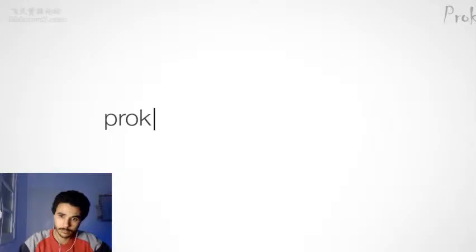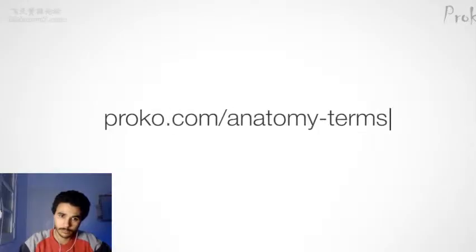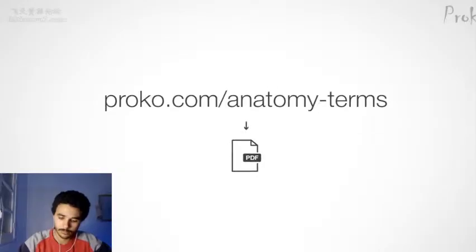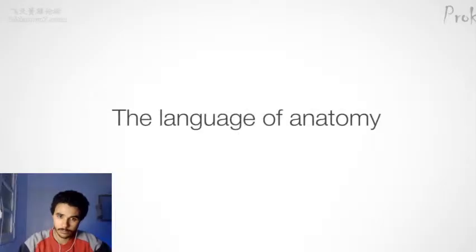If you need a quick reminder, I've created a list of anatomy terms at proko.com/anatomy terms. There's also a PDF that you can download and print out. Here's a secret. If you know the language of anatomy, you'll be able to figure out those long Latin names.